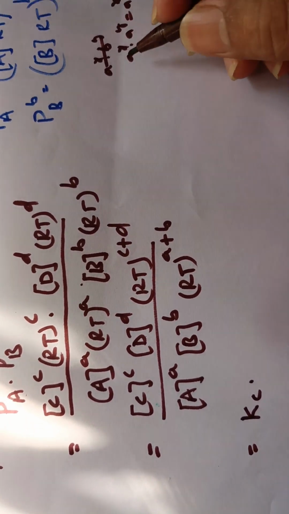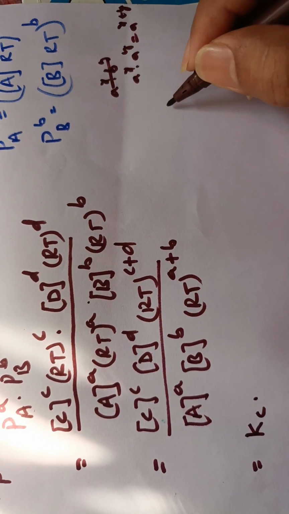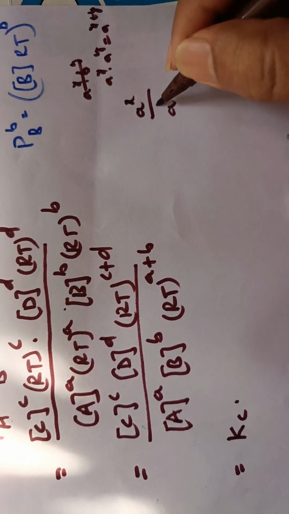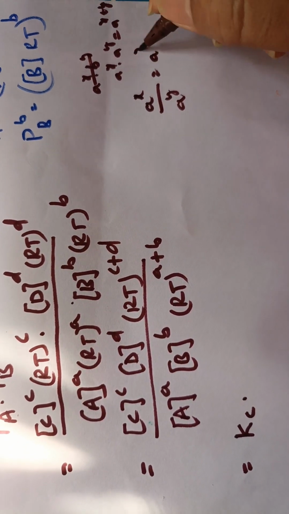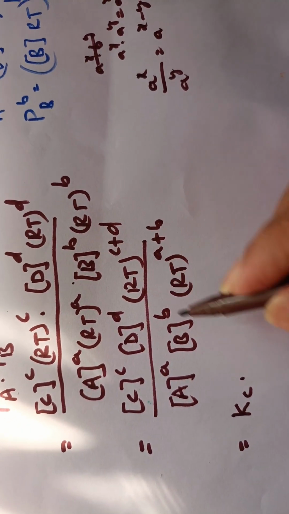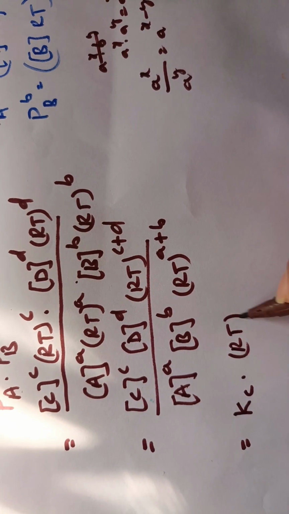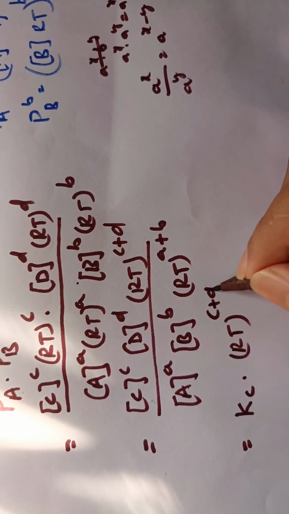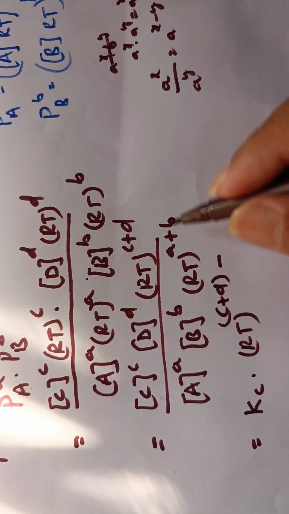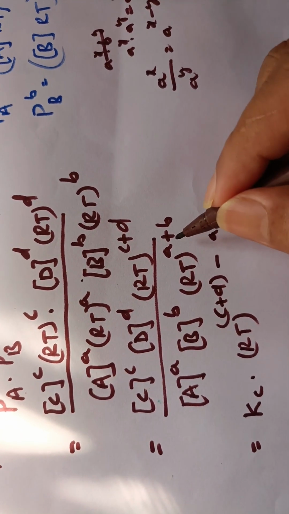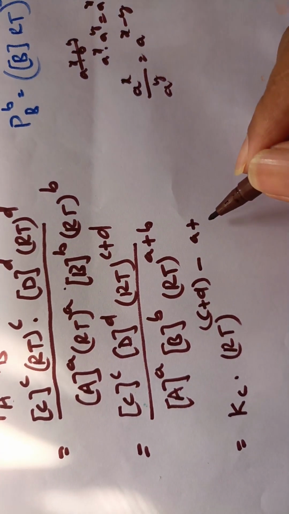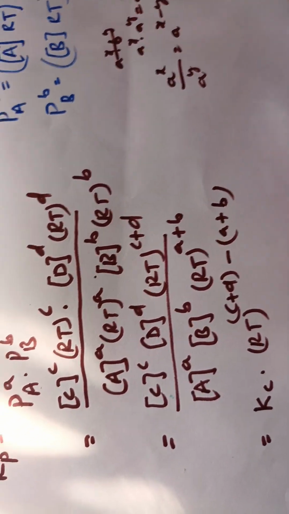And once again another formula I am writing here. Suppose a power x by a power y, then a power of x minus y. That's what I am writing here. Okay, RT power c plus d minus a plus b. If it goes to the numerator, then minus will come, a plus b.